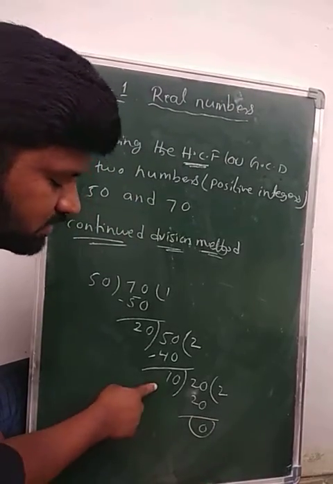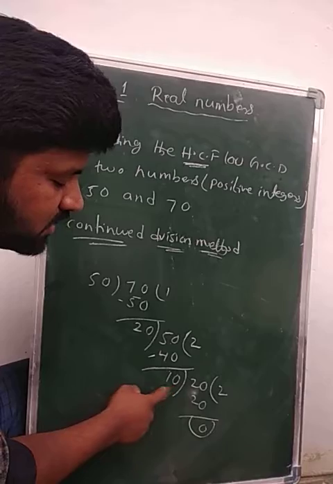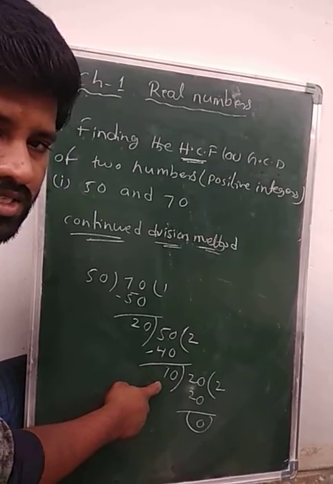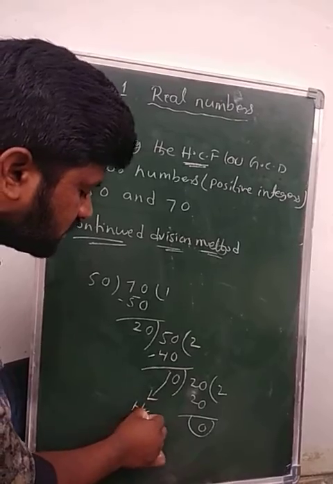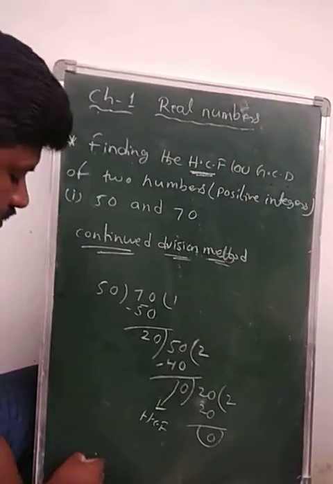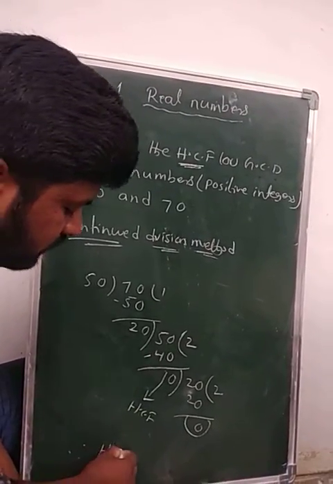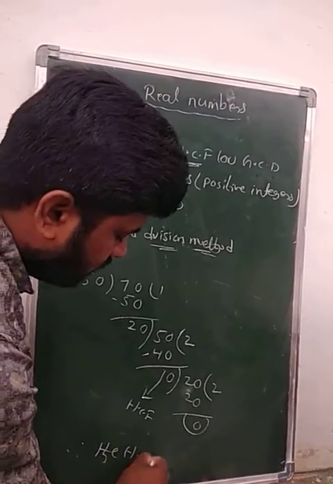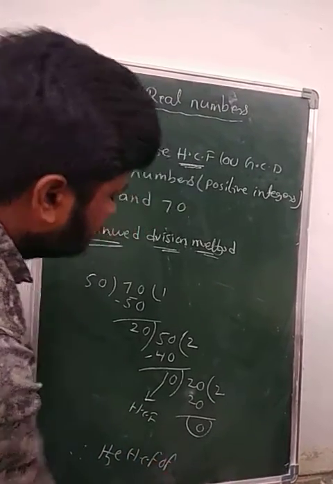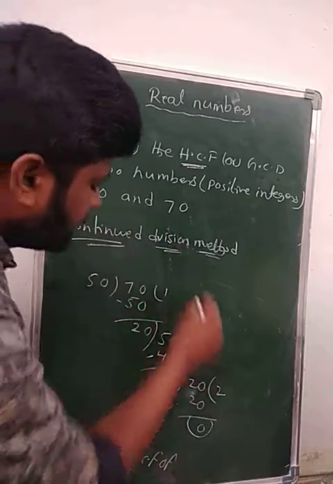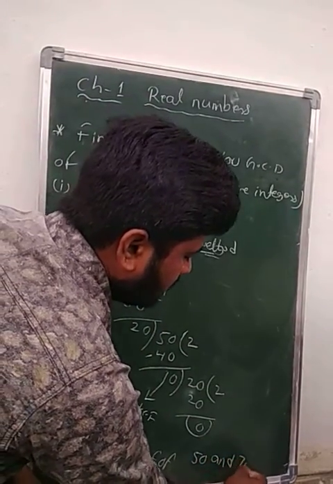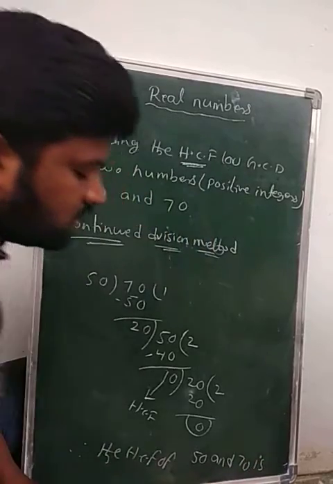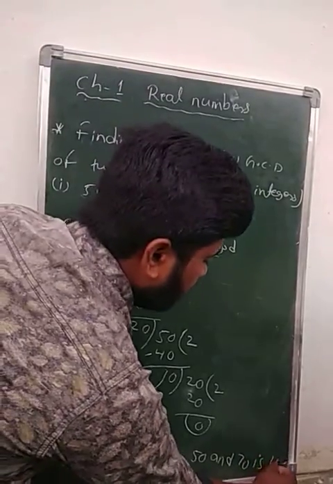What is the last divisor, Nana? The last divisor is 10. So you can say that this is the HCF. Therefore, the HCF of 50 and 70 is 10.